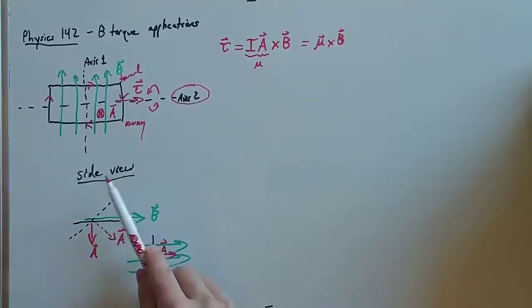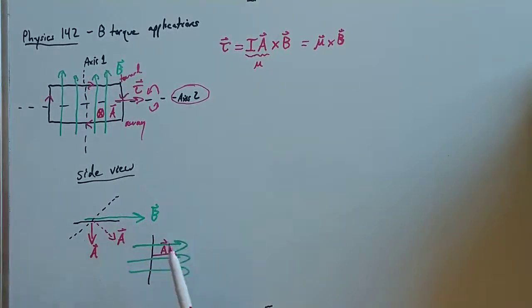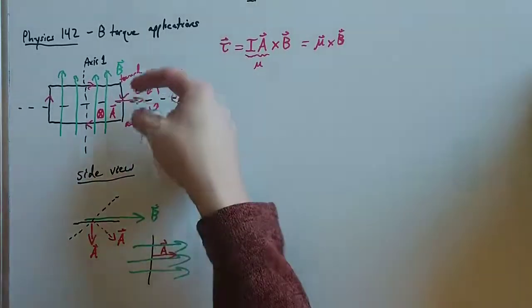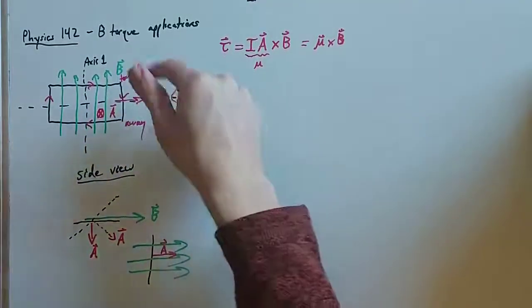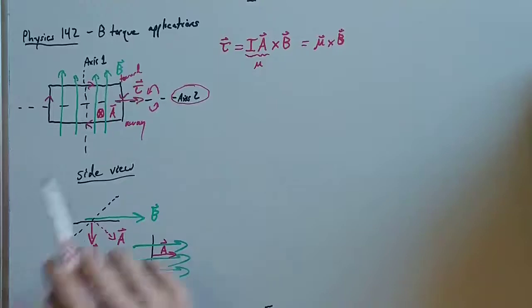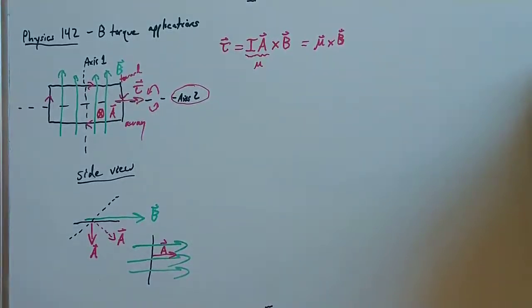Now it'll carry it past, and now you have essentially the situation where, from its perspective, the current is flowing the other direction. We've now flipped this up. If we flip it over, then from the perspective of the B field, that's essentially the current flowing the other direction, and that means that the torque will reverse. When the area vector is going this way, the torque will reverse its direction.